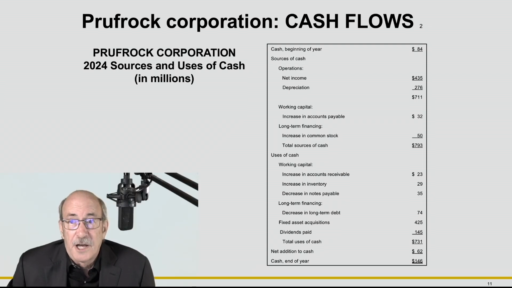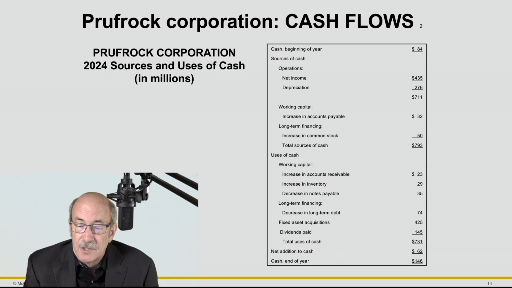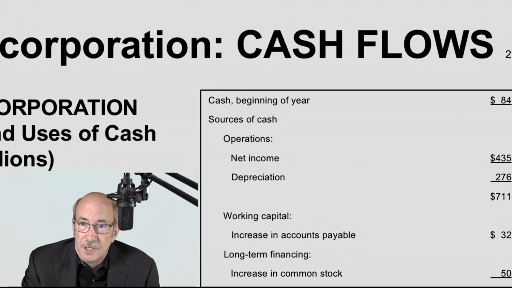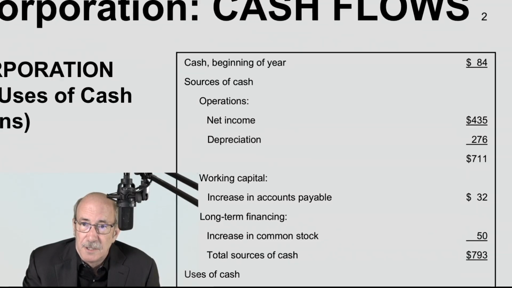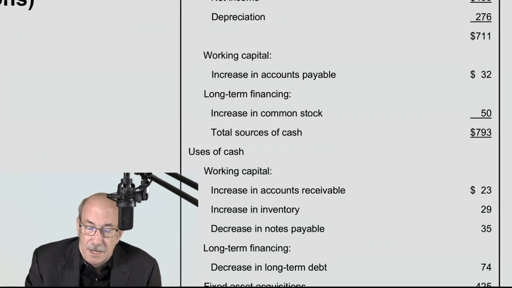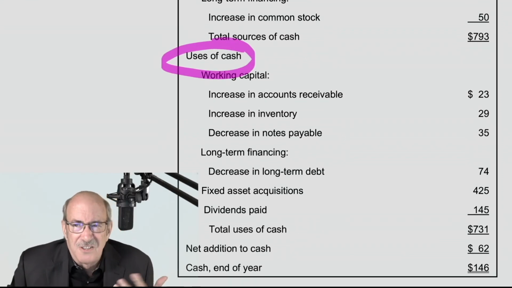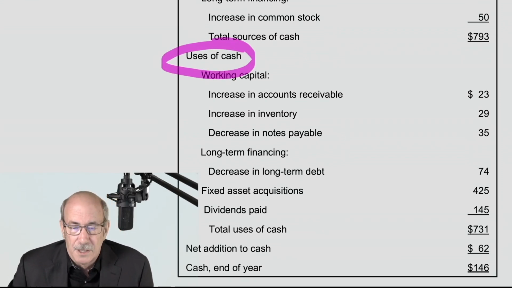Now, this slide shows us the same series of cash flows, but organized a little bit differently. Let me just zoom in on this so you can see it better. This is sources of cash, and then down here we have uses of cash. So just a different organizing method.